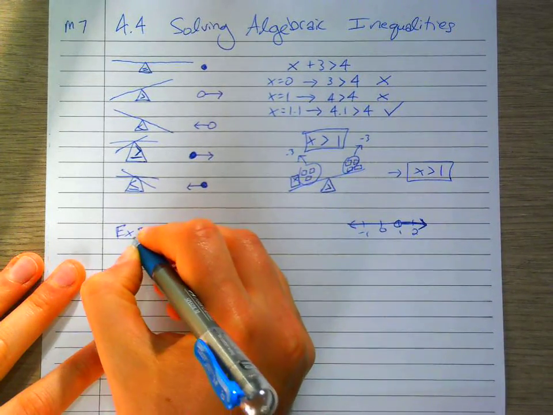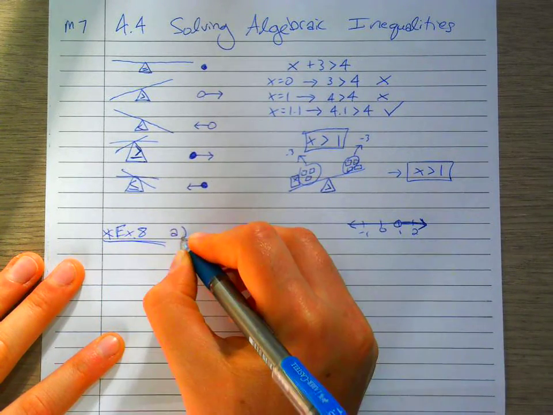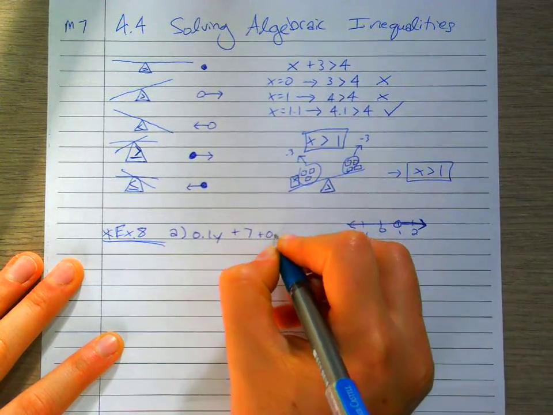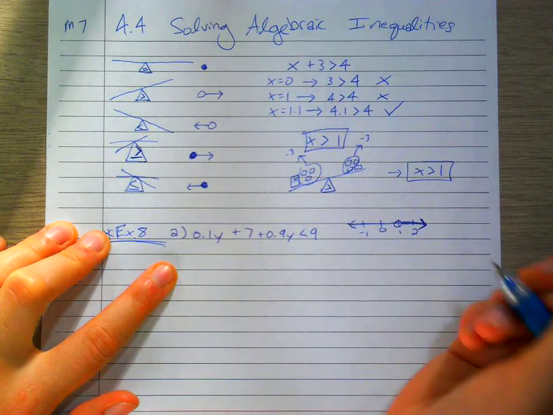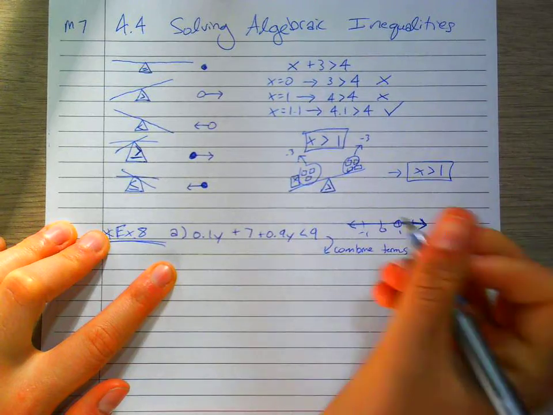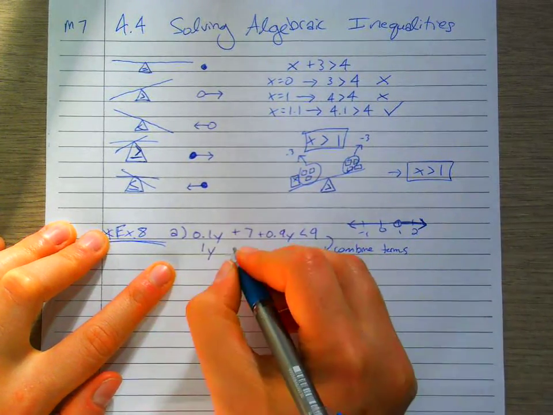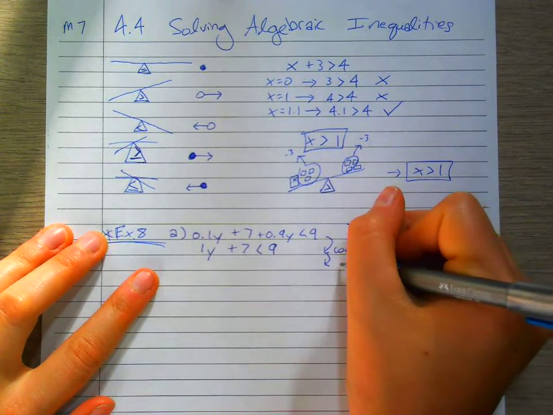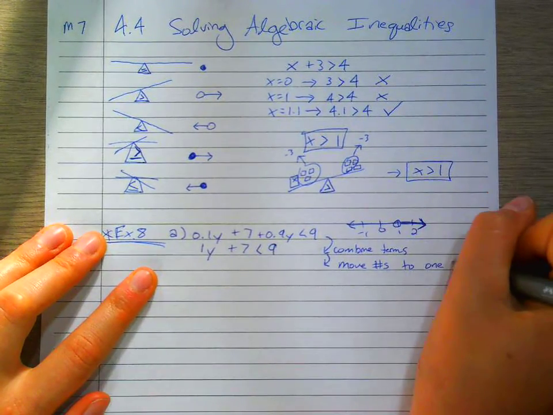Let's try example 8. So combine these terms. Alright, these two added together makes 1y. 7 is less than 9. Next thing we want to do is move numbers to one side.